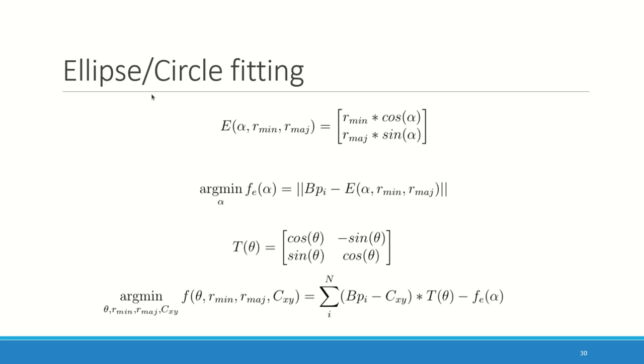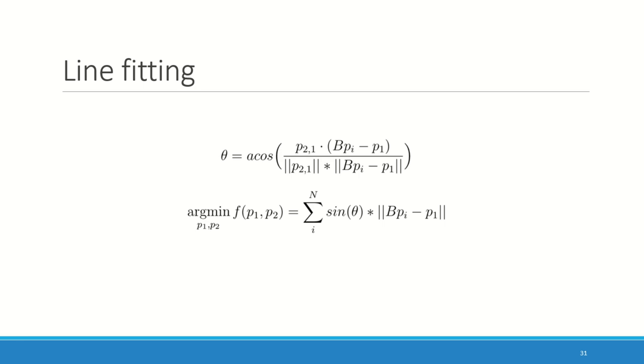This is our approach for ellipse or circle fitting. We are trying to find an angle, minor radius, major radius, and then the center of the circle. And for line fitting, we are again trying to find the 2 points that describe this line.